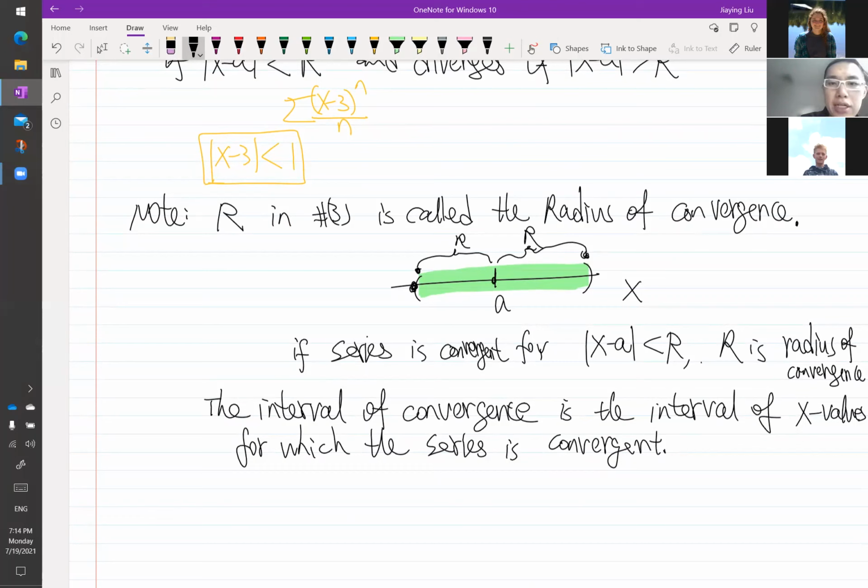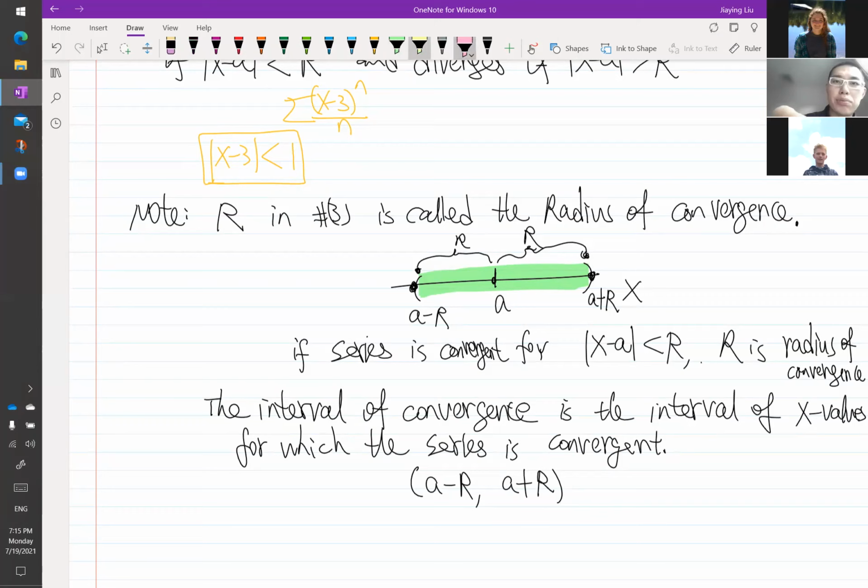The lower end is always going to be a minus R. The high end is always going to be a plus R. So the interval from a minus R to a plus R is the interval where the series is convergent. This interval is what we call the interval of convergence.